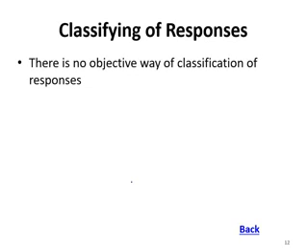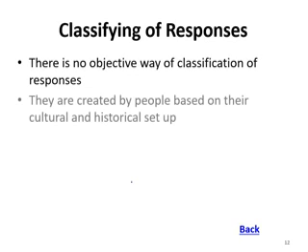There is no objective way of classifying the responses. These are created by the researcher based generally on a cultural or historical setup. Cultural setup means, suppose I have gone to survey in a particular place, there are some cultural norms in that place. So some of the options there might not be valid, which are quite common in another place, or maybe in the same place 20 years earlier.